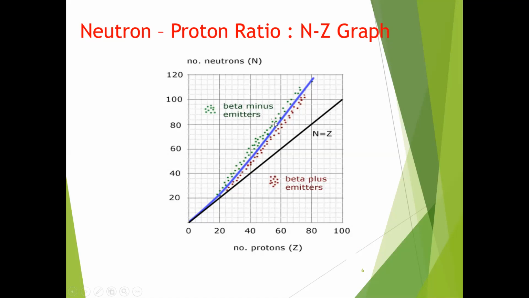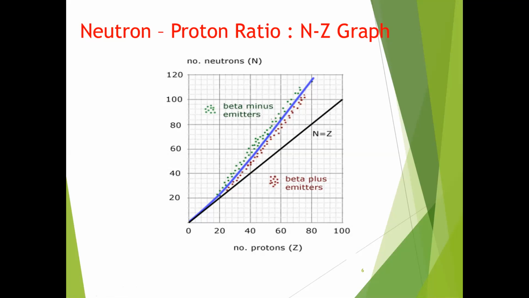So this tells us that the number of neutrons is more than the number of protons after Z is equal to 20. So we get the instability curve. Unstable nuclei above the stability curve are called neutron rich, and unstable nuclei below the stability curve are called neutron poor.